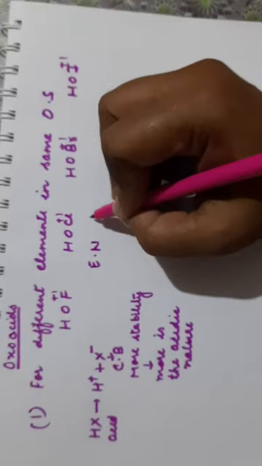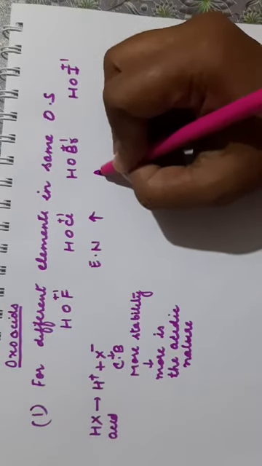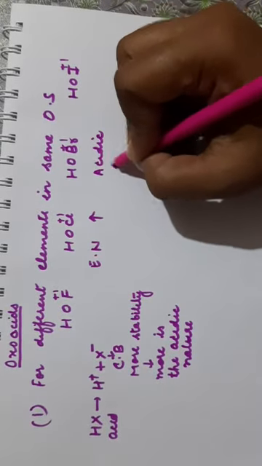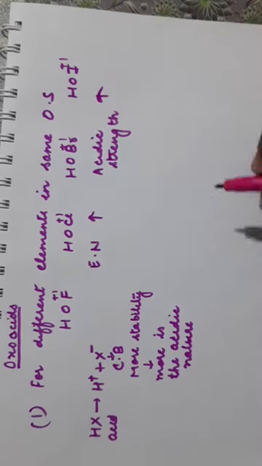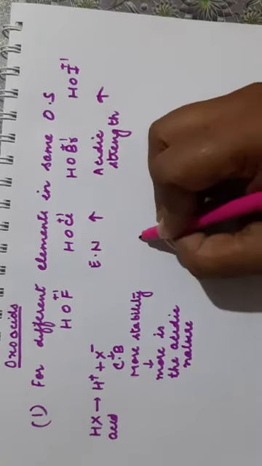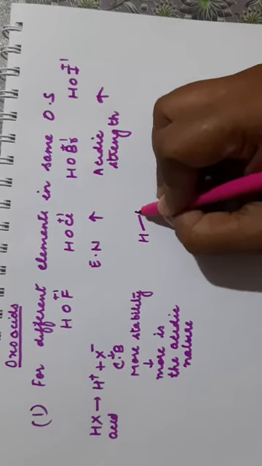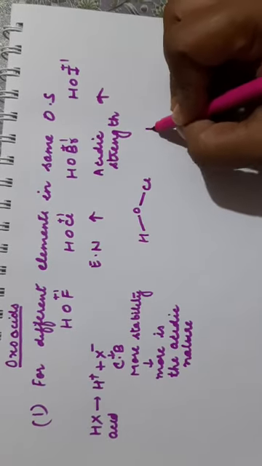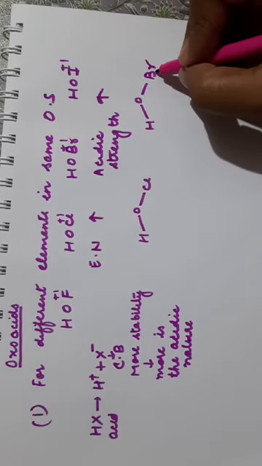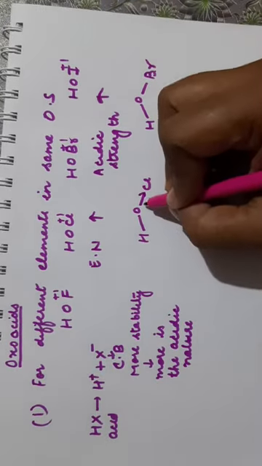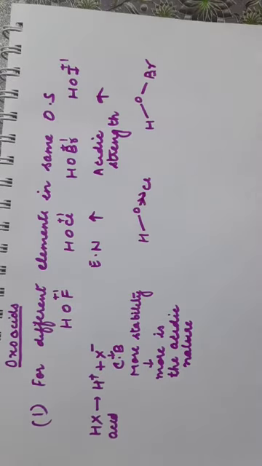So as the electronegativity increases, acidic strength increases. We can take it with the example HOCl and HOBr. Clear? Cl is more electronegative than bromine, so it will attract the electron towards itself.